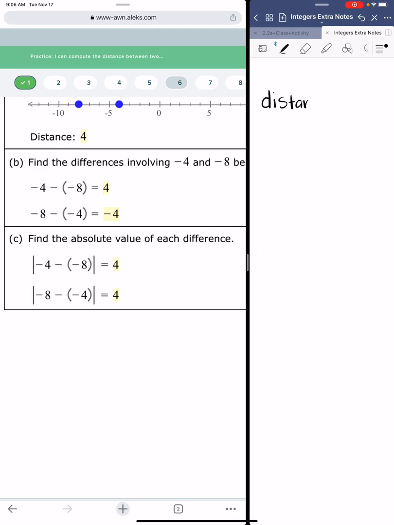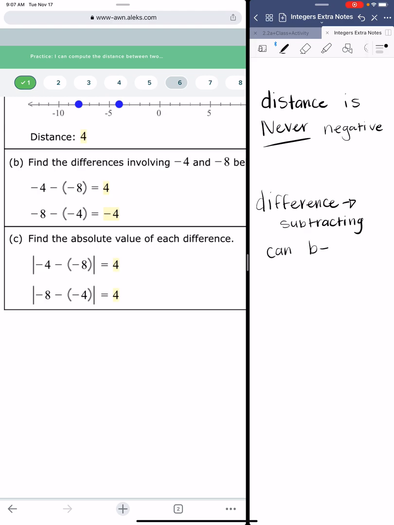Distance is never negative. But the difference, which again means we are subtracting, can be. So distance right here, we were just counting on a number line, not negative.